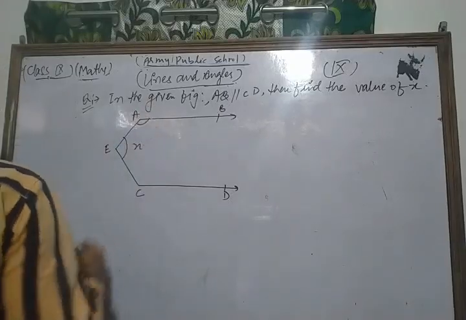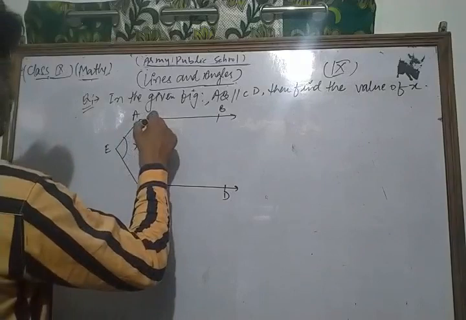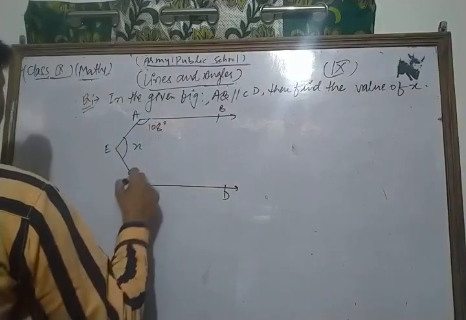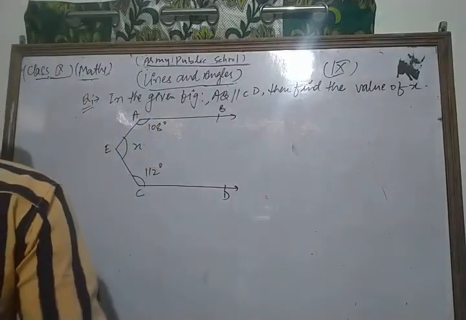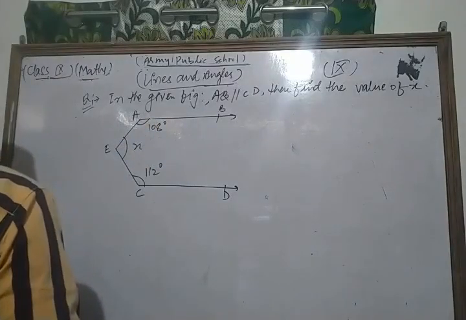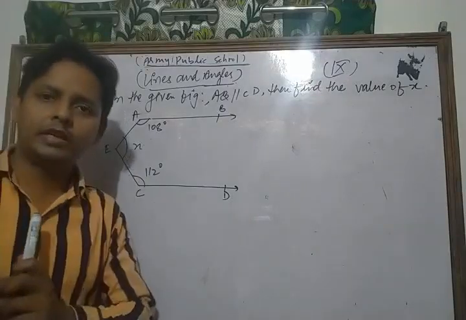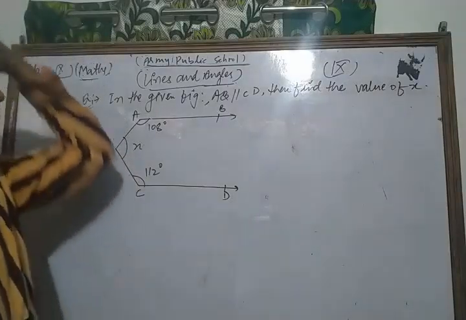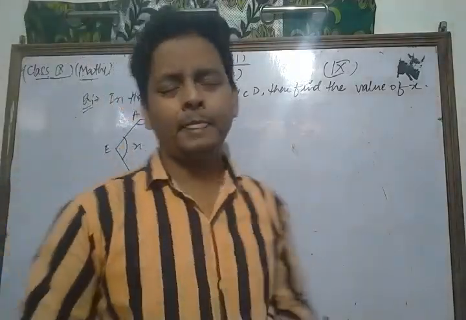This angle is 108 degree, and that angle is 112 degree. We find the value of x. Dear student, this is a very important question related to the topic angles made by the transversal.